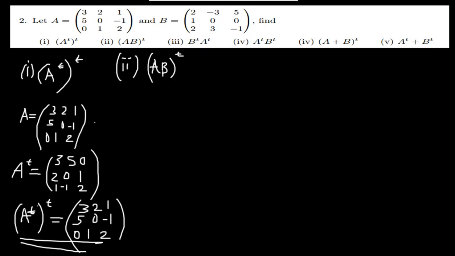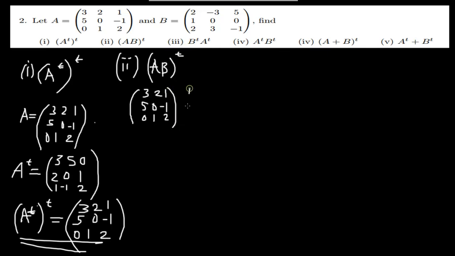So, AB transpose. I'll first multiply A and B, and then transpose the answer at the end. Let me write A. My A is 3, 2, 1, negative 1, 0, 5, then 0, 1, 2.